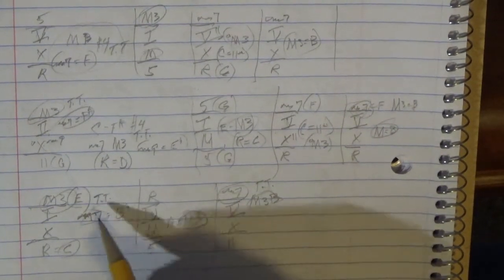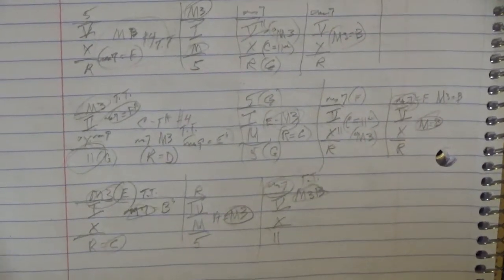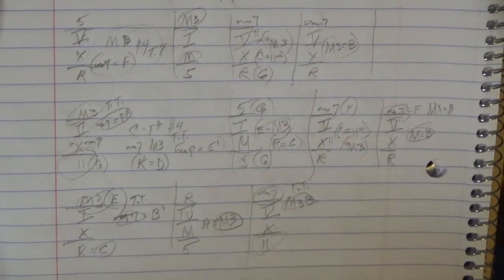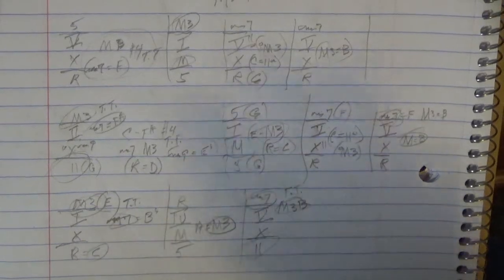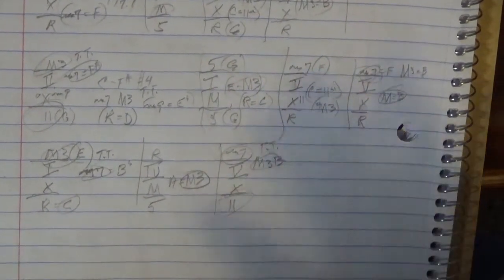Didn't we have some other place where the 11th was on the bottom? I don't see it offhand. There it is. So the 11th here, over there, and the 11th here on the bottom. And it creates that particular harmony. And you've got to understand it as such. If you want to think also of it as being a pedal point, that's just a common tone all the way through.